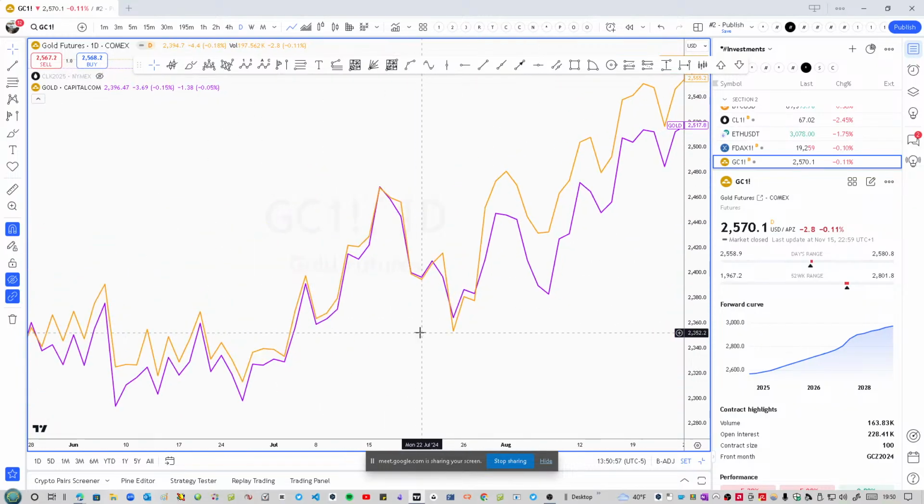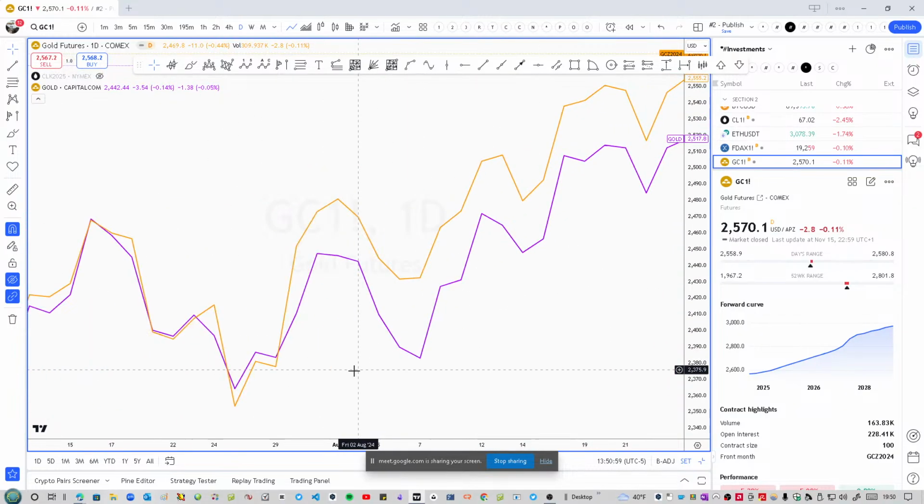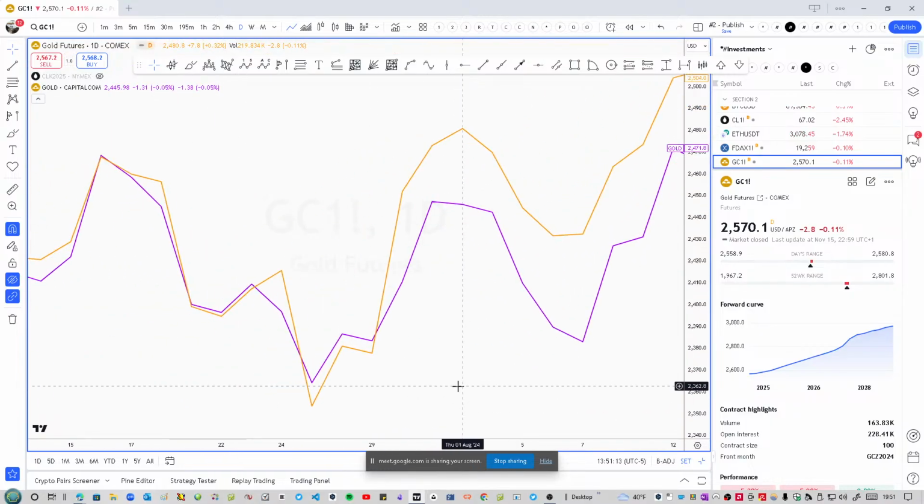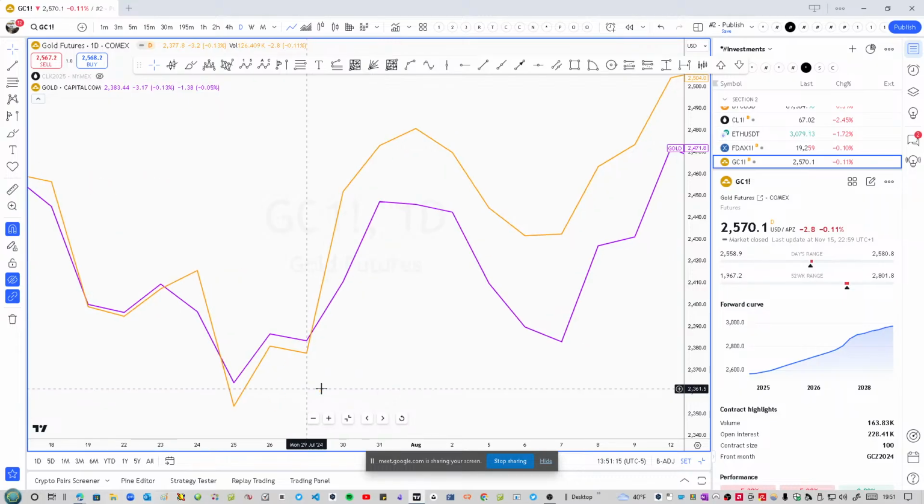But if you have the situation, and you see that doesn't happen very often, but if you see like here that the future price is lower than the spot market, guess what? This is then a spread trade you can make. Okay, this is a good example. Thank you for the question.